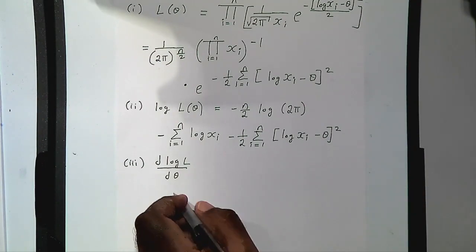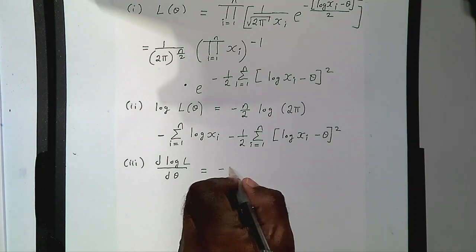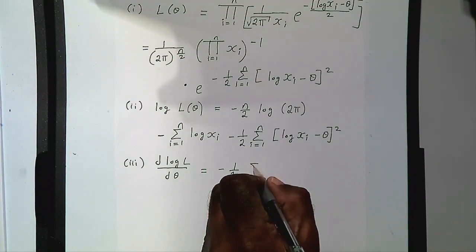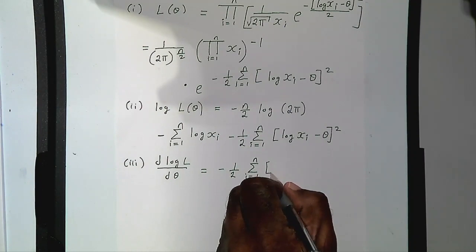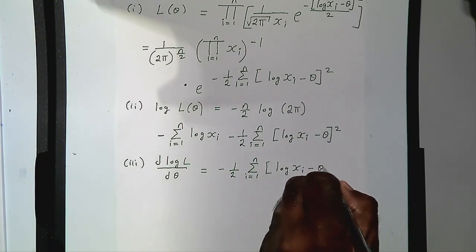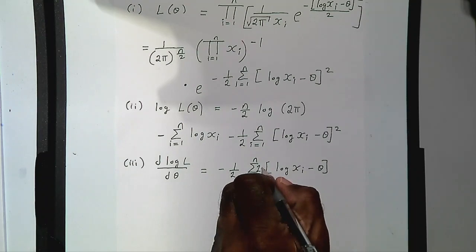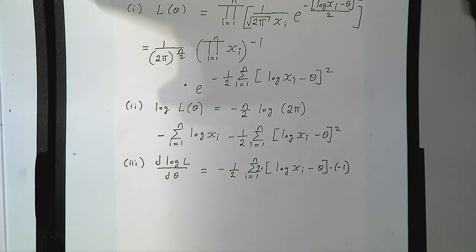Okay, step 3 is to find the derivative. So you get minus a half times, there would be a 2 here, sorry, 2 times this times minus 1. Okay.